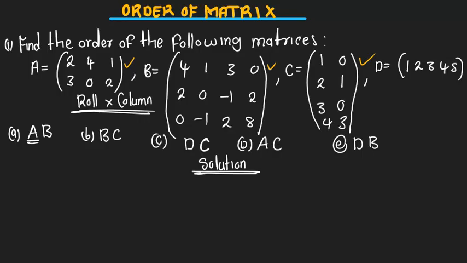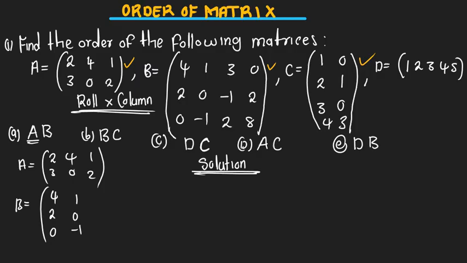So for the first one, we have 2, 3, 4, 0, 1, 2. Then for B, we have 4, 2, 0, 1, 0, negative 1, 3, negative 1, 2, 0, 2, 8.